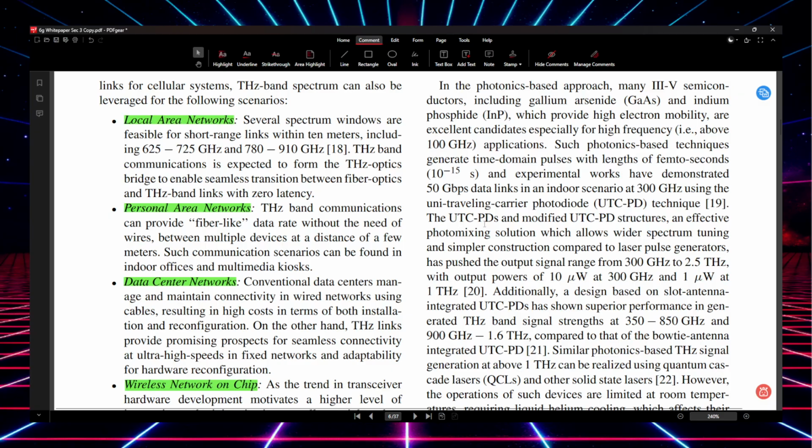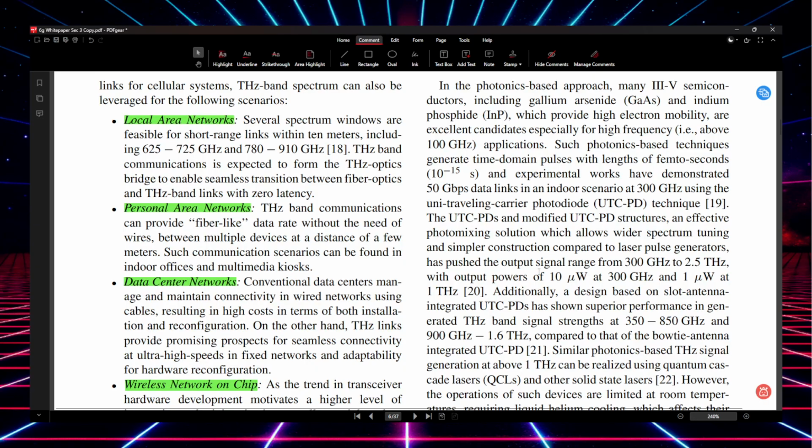The UTC-PD and modified UTC-PD structures are an effective photomixing solution, which allows wider spectrum tuning and simpler construction compared to laser pulse generators.